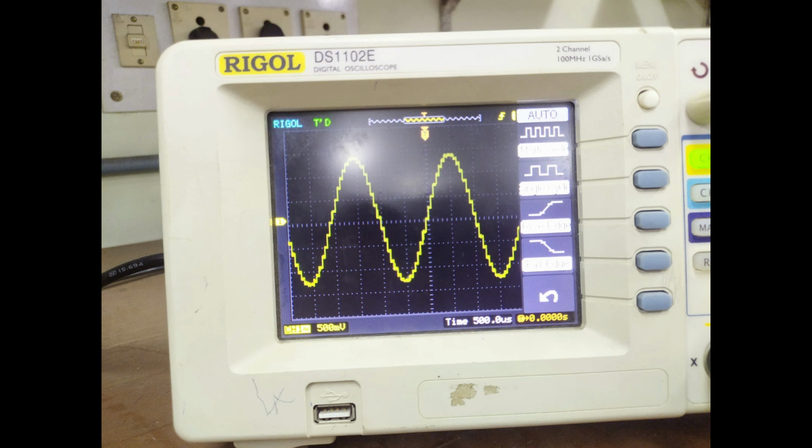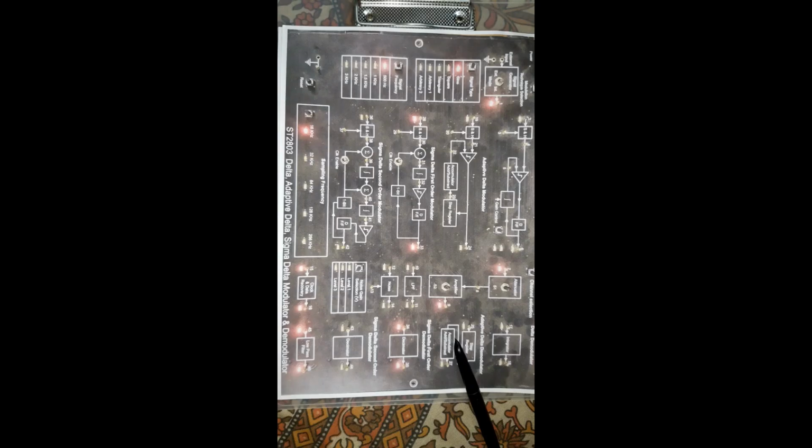That means at the valleys of the input signal the step size is more, and at the positive peak and the negative peak of the input signal, the step size has been reduced, because at the peaks the variation is not too much, right? So that's why the step size has been reduced. It is for adaptive delta modulation only.